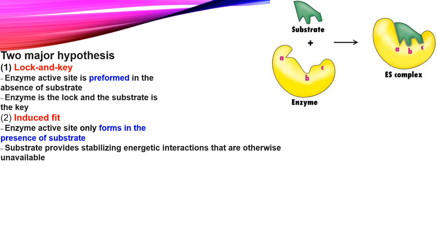In induced fit, the enzyme active site only forms in the presence of substrate. There is a huge difference: lock and key says the enzyme active site is preformed in the absence of substrate, but the induced fit model says the enzyme active site only forms in the presence of substrate. This picture also describes the induced fit model.